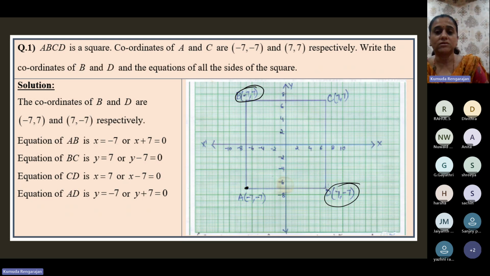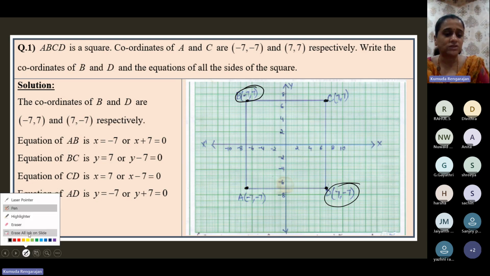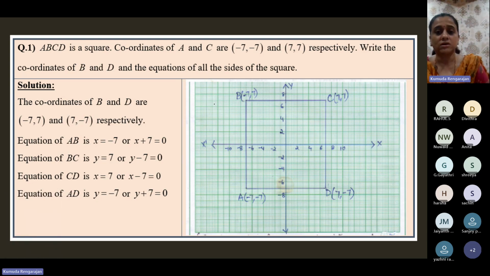This is the point A, and this is the point C. So these will be the points B and D. Or you can mark B here and D here also, because the quadrants in which the vertices lie is not mentioned.